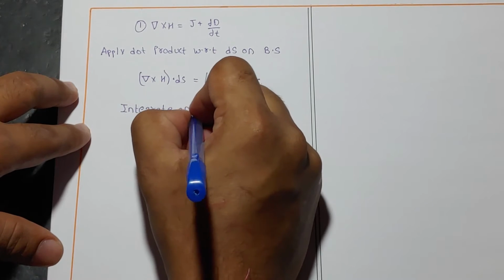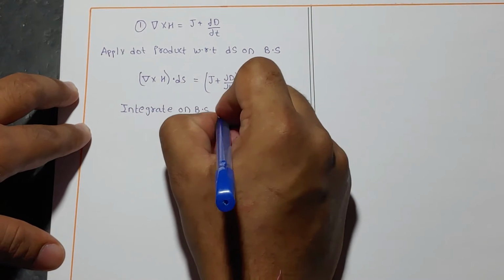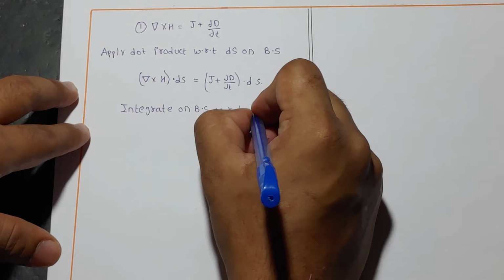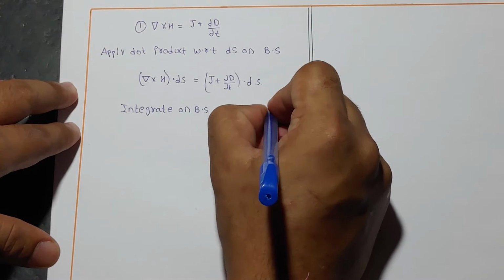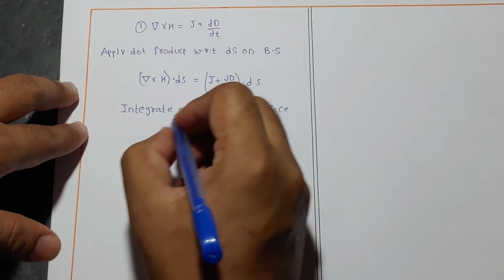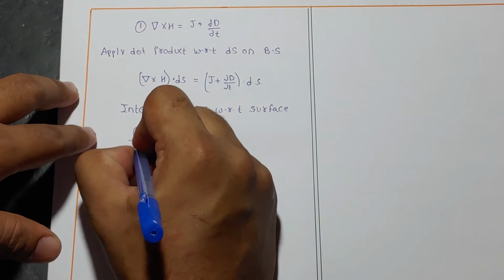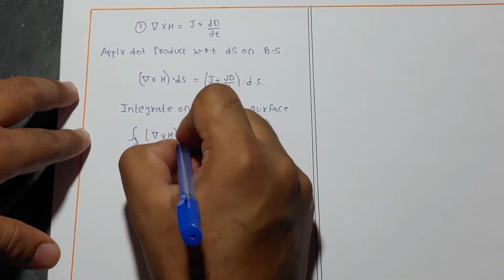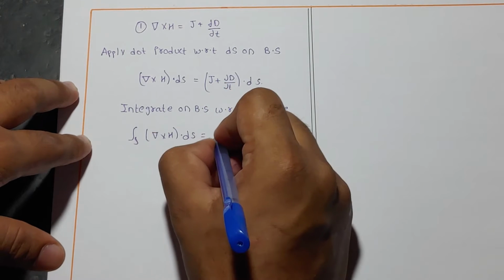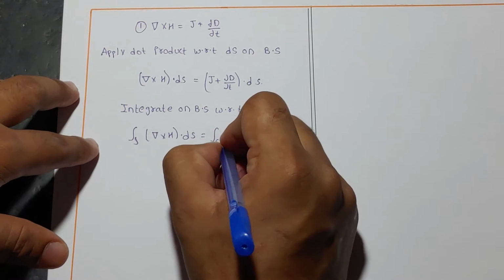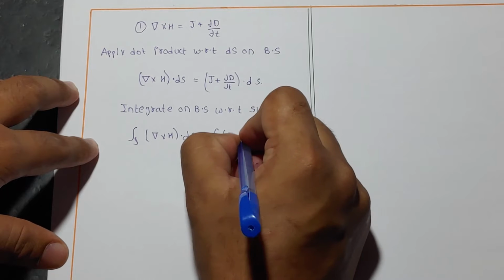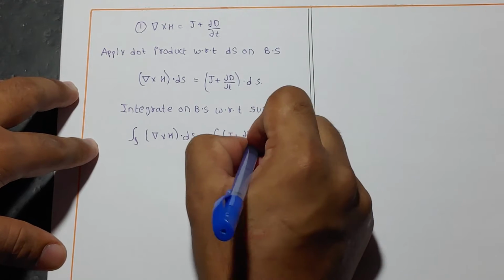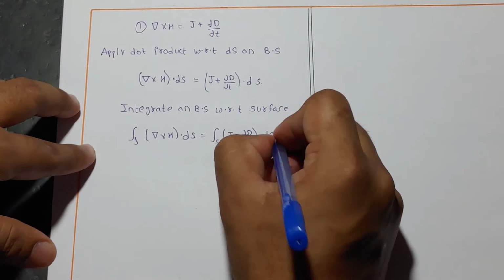integrate on both sides with respect to surface, that is surface integral of del cross H dot ds is equal to surface integral of J plus dou D by dou T times ds.